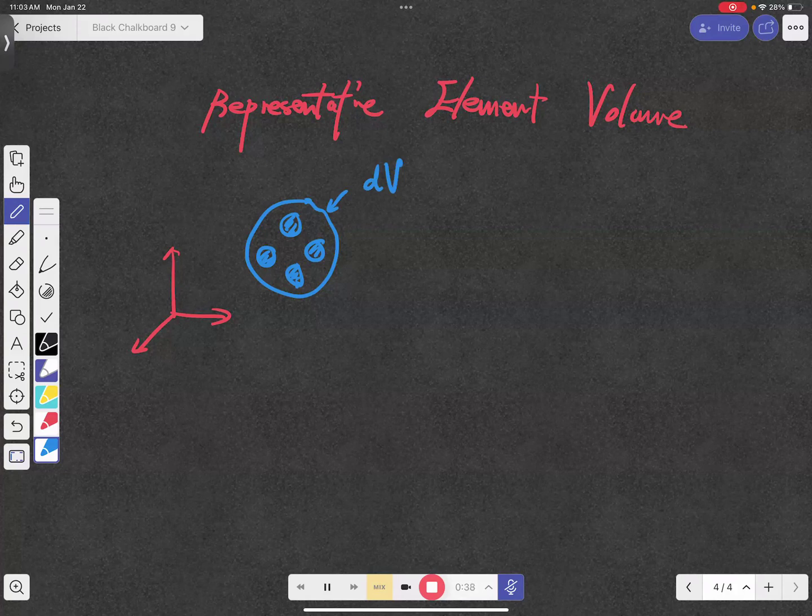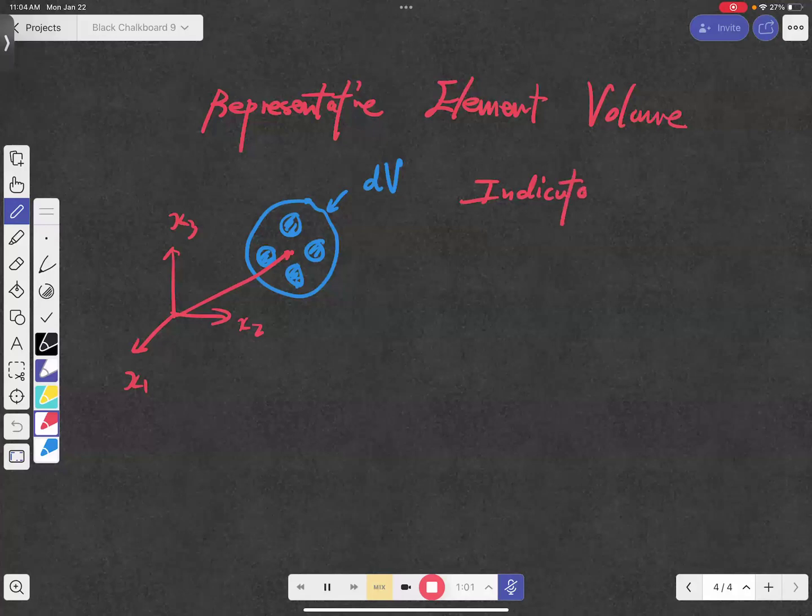Now, what I want to do is pinpoint a point randomly in that space. And then I want to introduce a concept called indicator functions. An indicator function is a binary function, either 1 or 0.